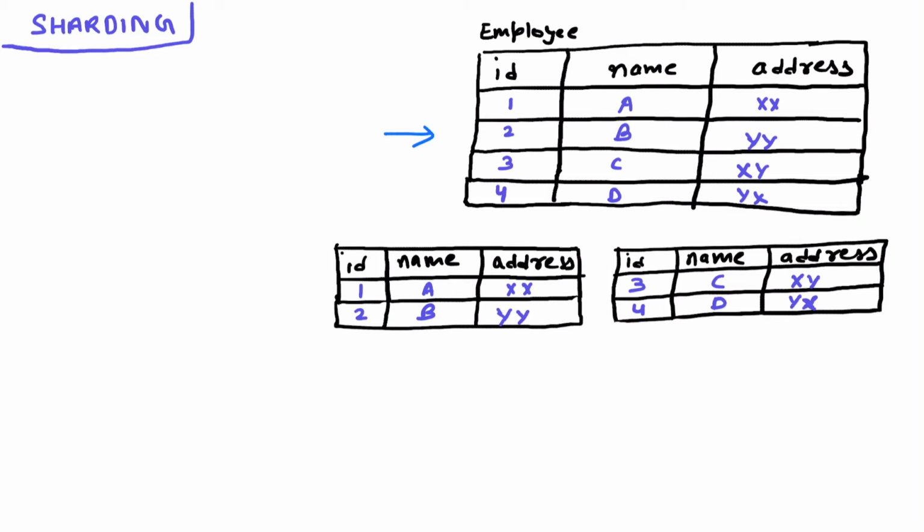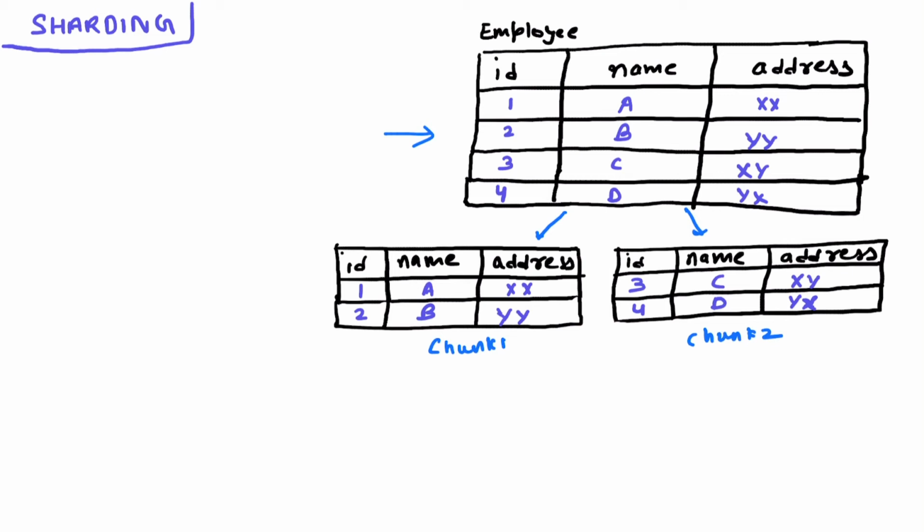So this data can be split into multiple chunks. Let's say this is my chunk 1 and this is my chunk 2. Now these chunks can be on the same machine or on different machines. So chunking helps you to scale your data across multiple machines, and this concept is called sharding.